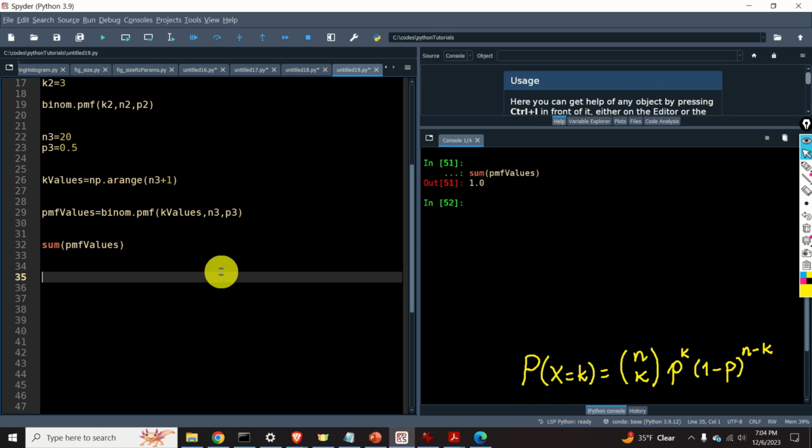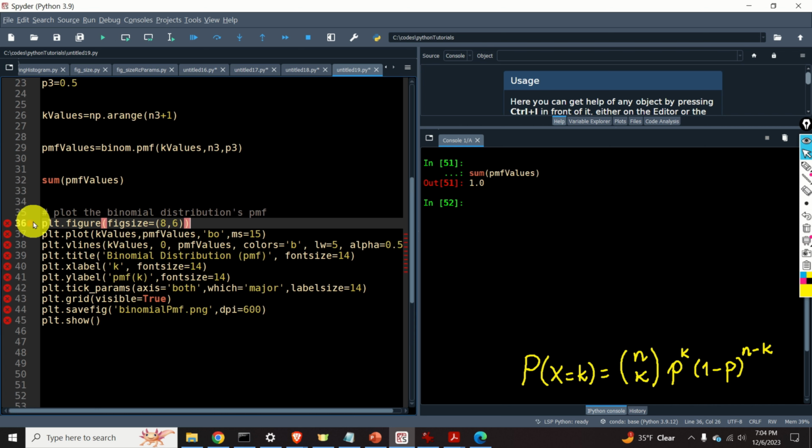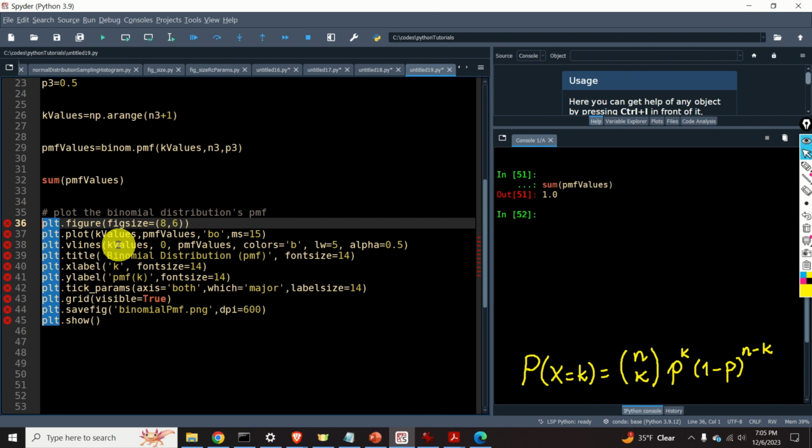Next, let's learn how to generate a plot of the binomial distribution's PMF. Here's a piece of code that I've written that will generate the plot. Over here, I set the figure size, then I plot the k values and the PMF values, and I plot them as blue circles. I set the circle size. Then over here, I draw vertical lines from the x-axis until the PMF values.